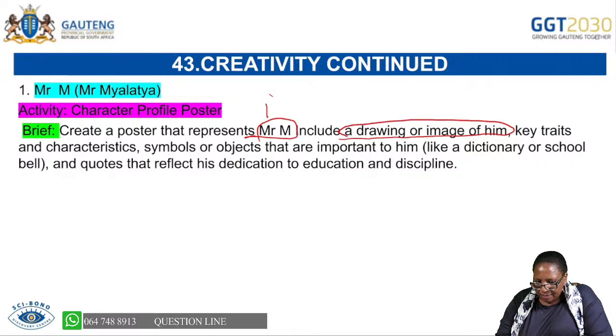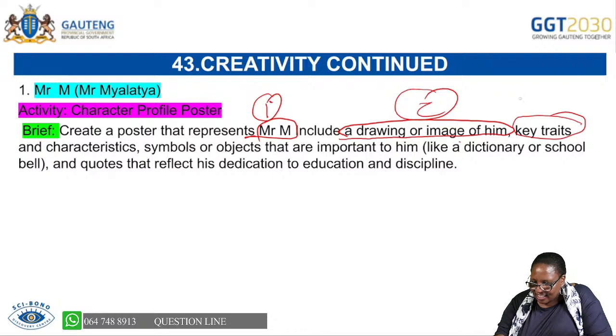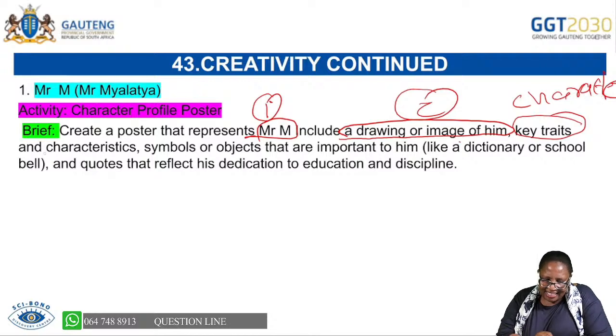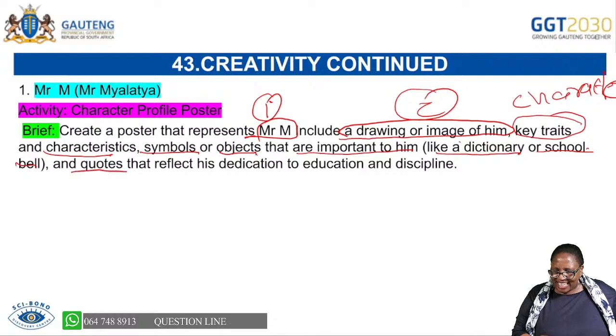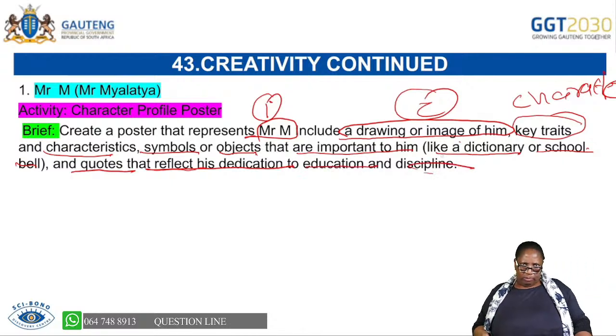That's 1, Mr. M. 2, you draw an image of him. 3, his key traits, his character traits, and characteristics, symbols, or objects that are important to him, like a dictionary or school bell. And you also include quotations that reflect his dedication to education and discipline.